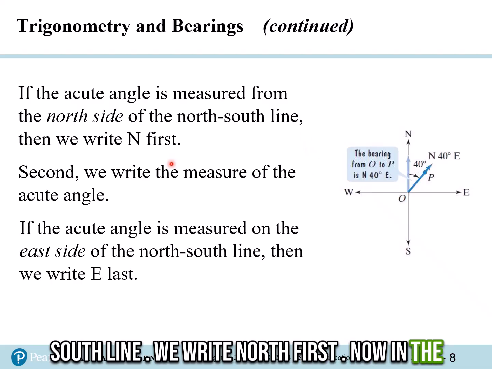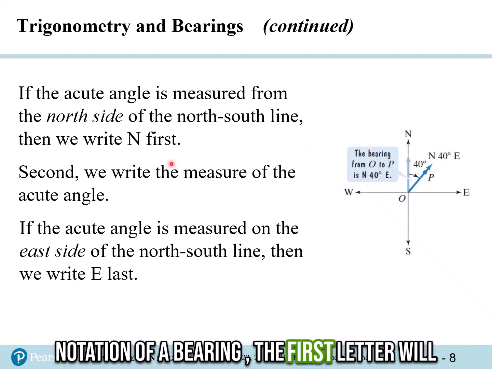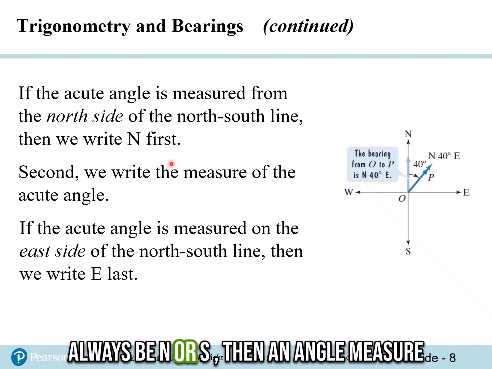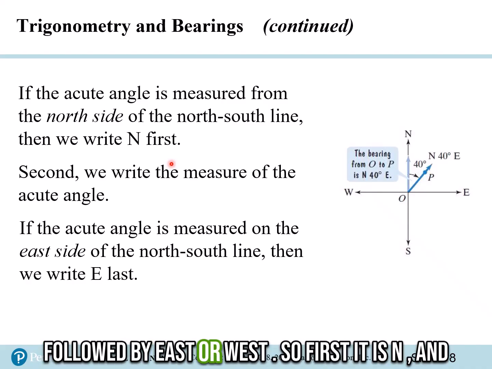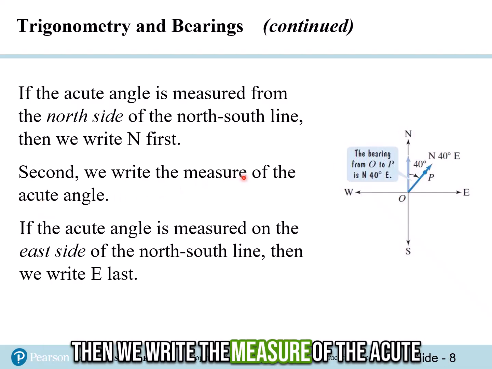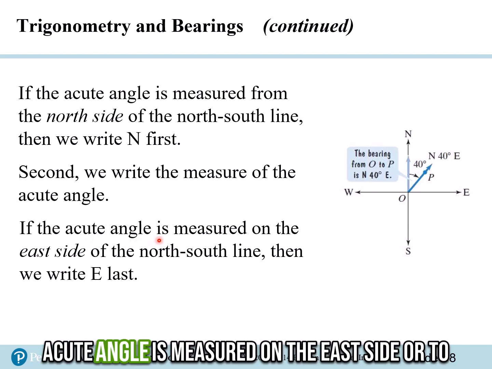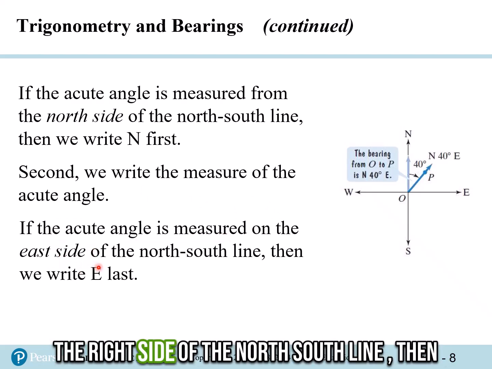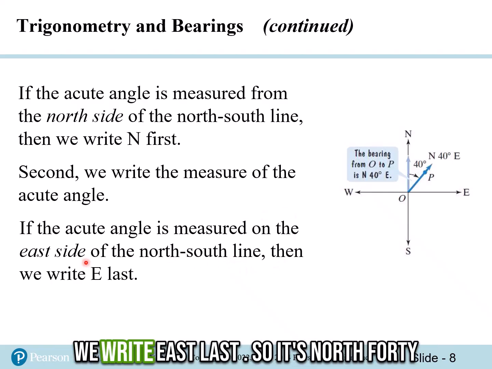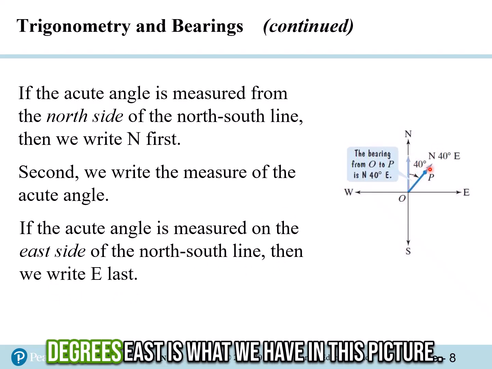Now, in the notation of a bearing, the first letter will always be N or S, then an angle measure followed by east or west. So first it is N, and then we write the measure of the acute angle, whatever it may be. And then if the acute angle is measured on the east side or to the right side of the north-south line, then we write east last. So it's north 40 degrees east is what we have in this picture.